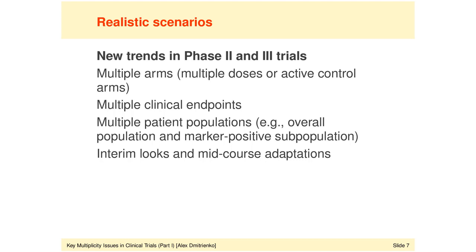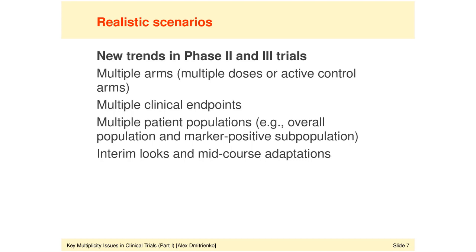Clinical trials with multiple arms, which means multiple doses or active control arms, are very common. We see very commonly in phase 3 development multiple clinical endpoints, including multiple primary and multiple secondary endpoints. Multiple patient populations are also very common.